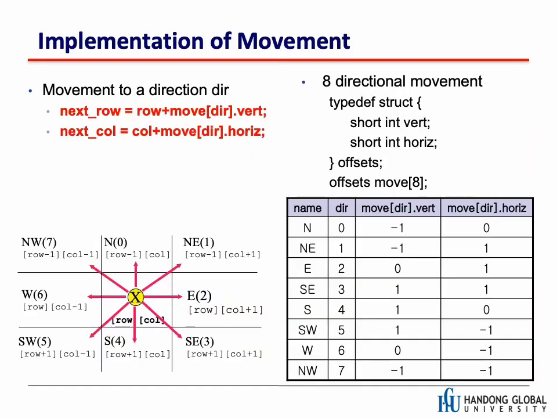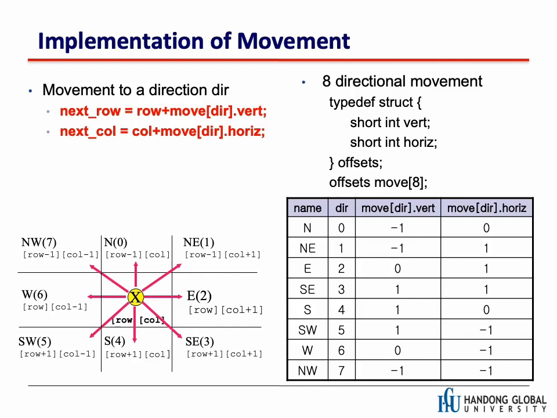Okay, let's talk about the movement. This movement slide is a little complicated, so you have to pay attention to what I'm saying, okay? Basically we have 8 directions, as you can see in this figure. From the current point, we have 8 directions, and these 8 directions can be represented by 2 numbers, horizontal and vertical.